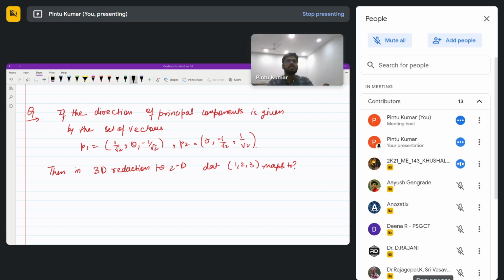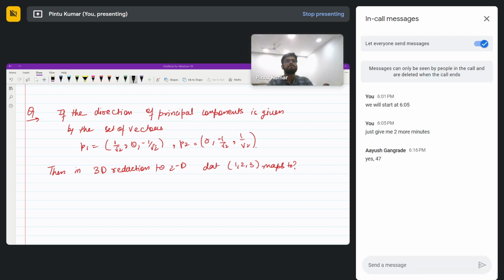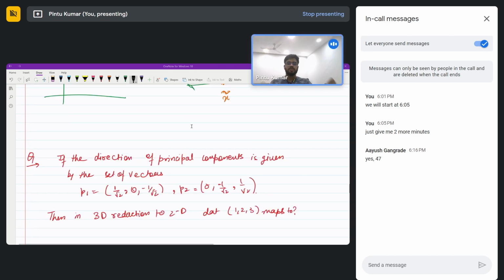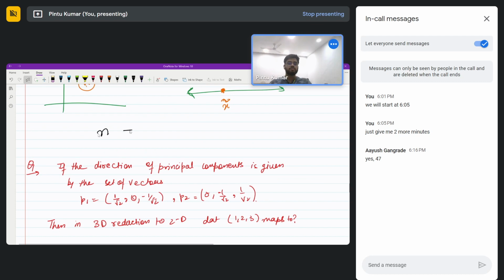Sir, I wanted to ask something. Please. So, sir, as you explained above, we can have multiple principal components, this P1, P2, P3. Yeah, what will happen is, if you want to reduce from n dimension to some k dimension, then you will take k principal components. You can get as many as n principal components, but it depends on you how many you want.